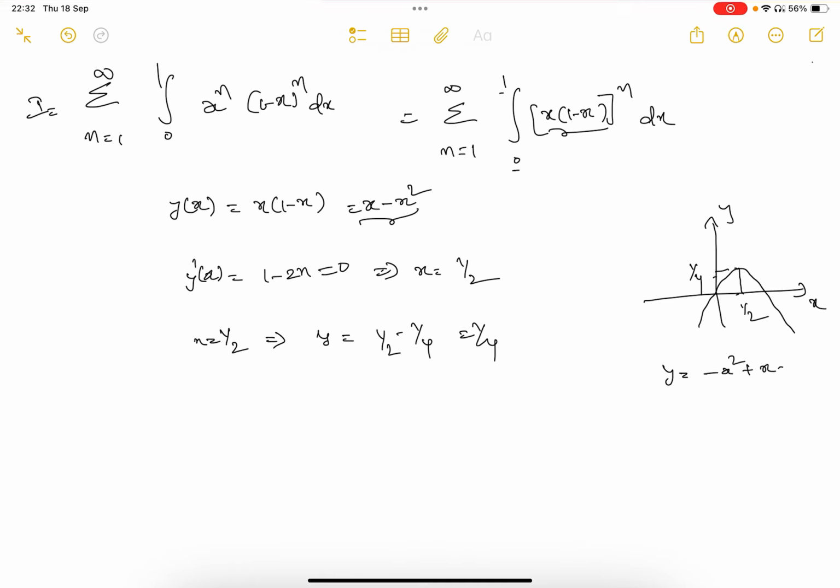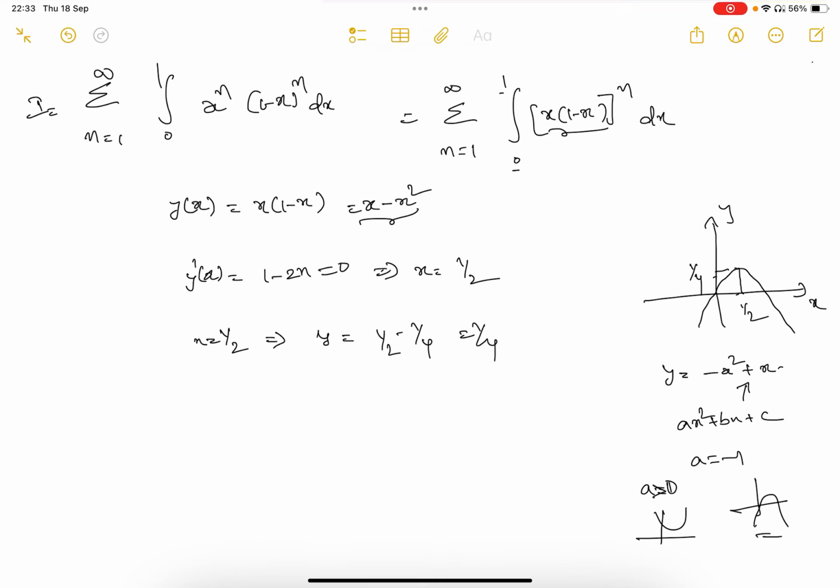I mean, this is ax square plus bx plus c. Here in our case, a is minus 1, so it will be curved like this. If a is positive, the general case, this will be like this.